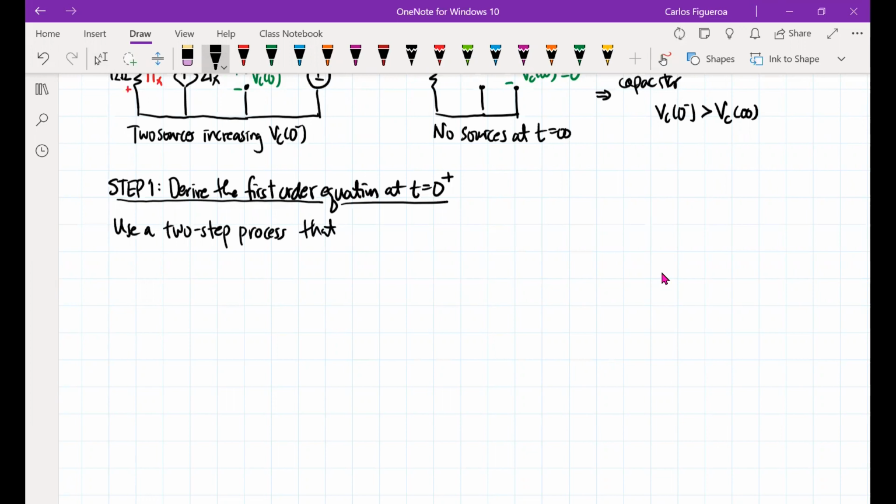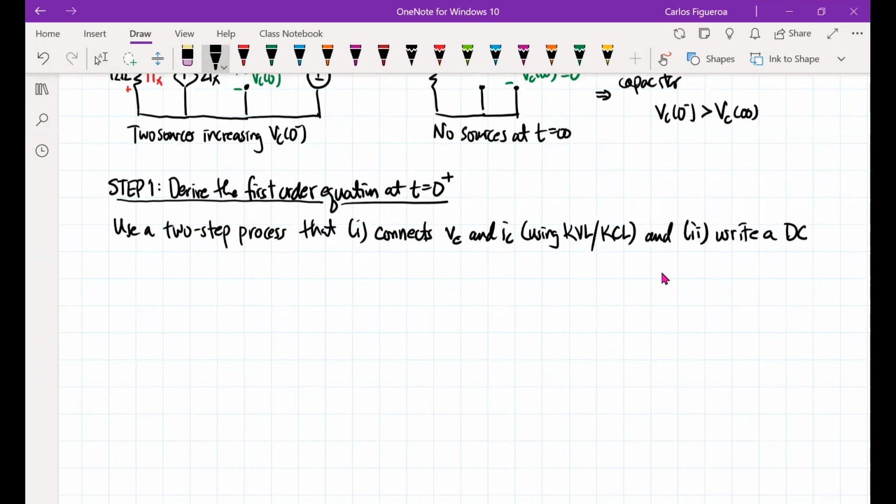One I need connects Vc and Ic together, and typically we're talking about either using KVL/KCL combinations or just one of them. And I need to write a DC equation for Ix where it has to be a function of Vc or Ic.